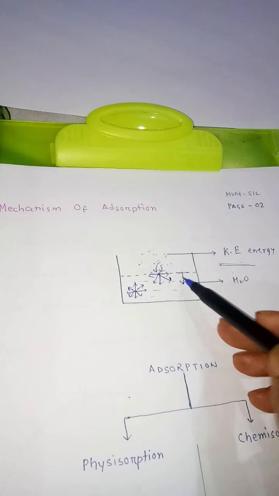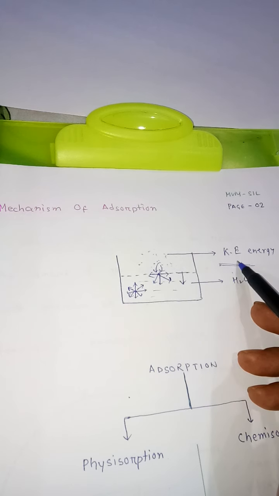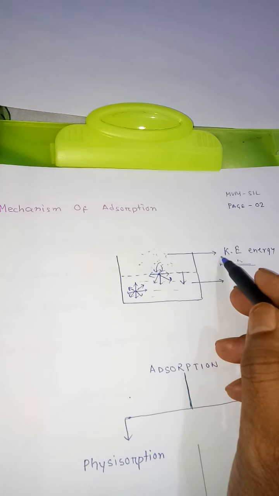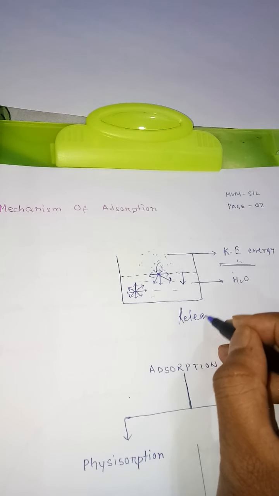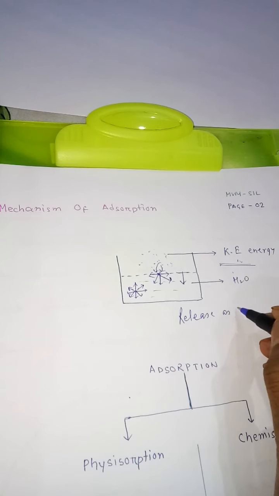Now due to this, what happens, the kinetic energy possessed by the gaseous particle decreases, and we know that energy cannot be created nor destroyed, so this kinetic energy that is restricted is released as heat energy.